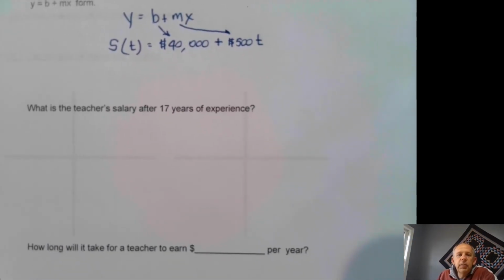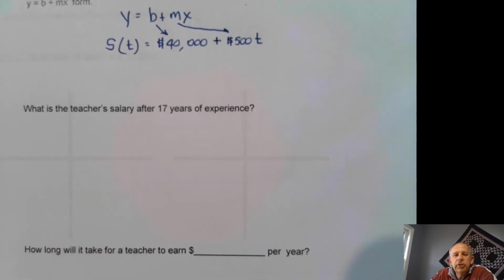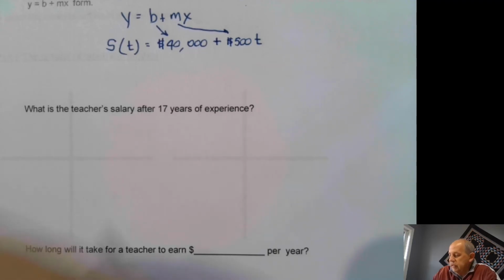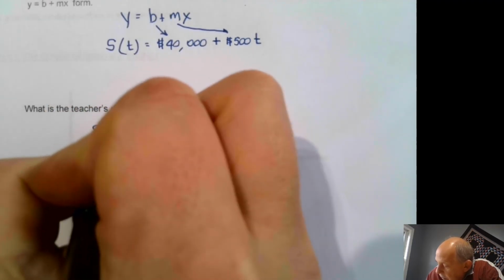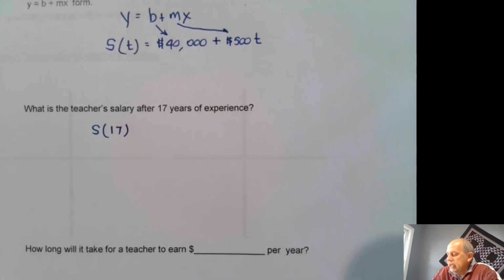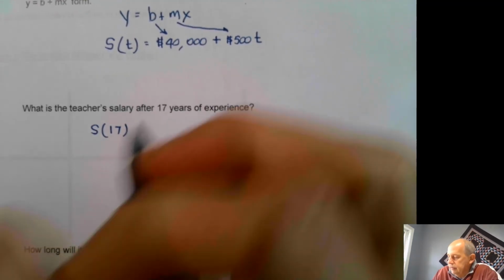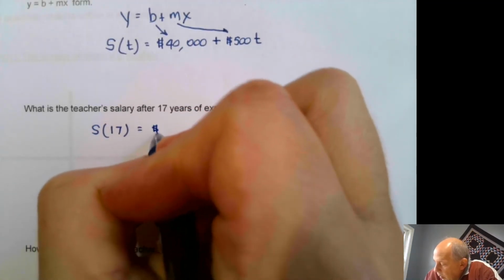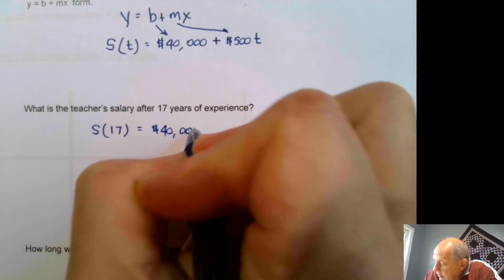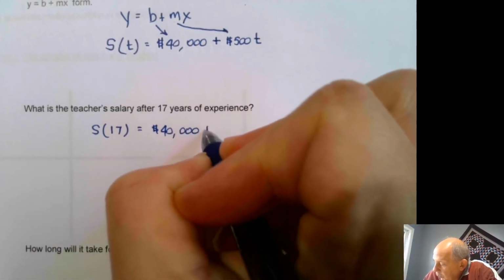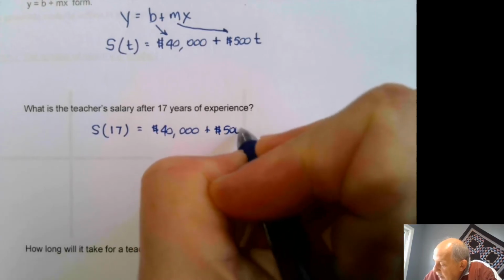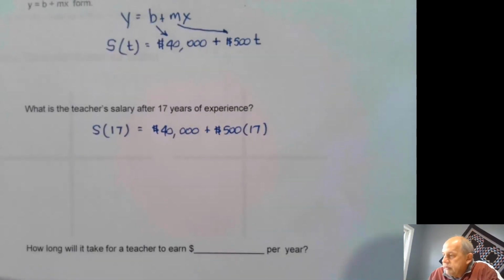Let's use this model to predict how much a teacher is going to make after 17 years of teaching. So in my model, wherever I have a T, I'll plug in 17. I have $40,000 plus 500 times 17.